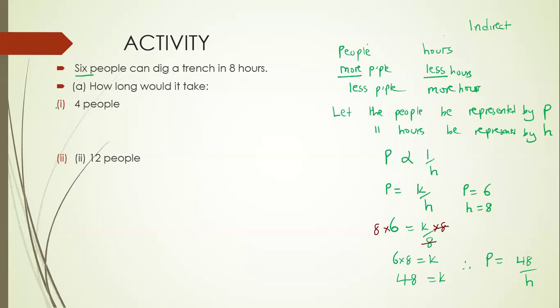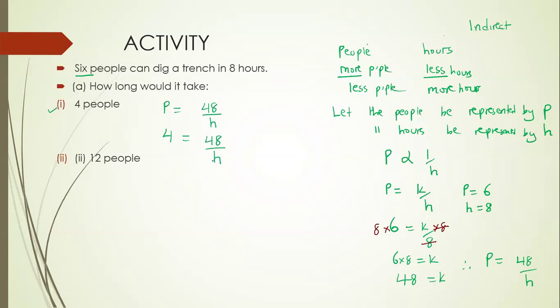Now that means you can do Roman 1, that P is equal to 48 out of the hours. So when I have 4 people, how long will I take? Where there is P, you put your 4. So I'll say 4 is equal to 48 out of H.